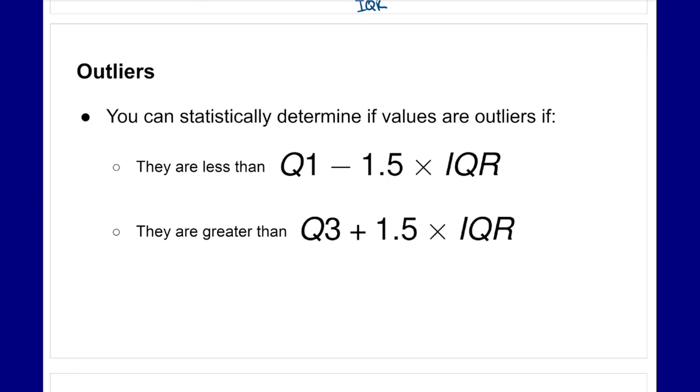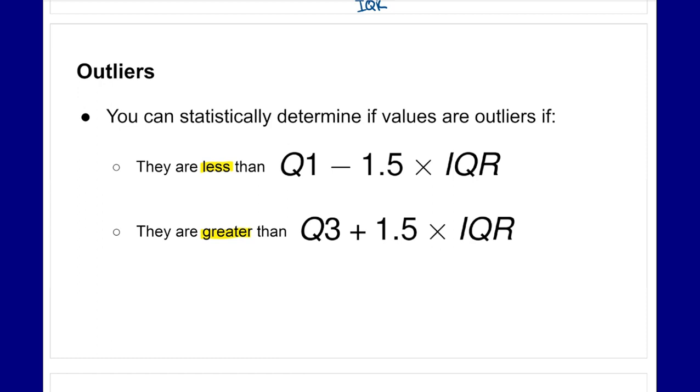If any values lie less than Q1 minus 1.5 times the IQR, so you take that interquartile range, you multiply it by 1.5, and you subtract it from your Q1 value, if you have any values that are less than that, they're considered outliers statistically. Same if you have anything greater than Q3 plus 1.5 times the IQR, then you have outliers on the extreme end, on the upper end.